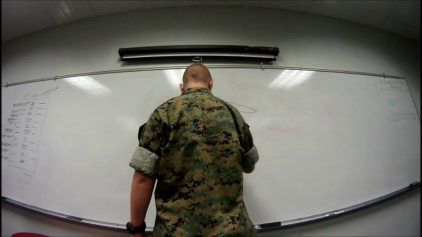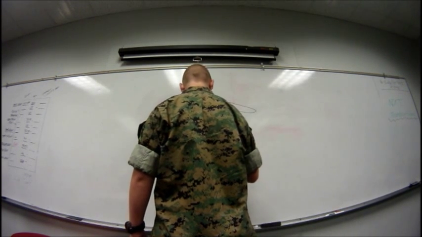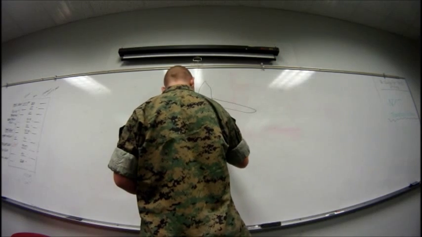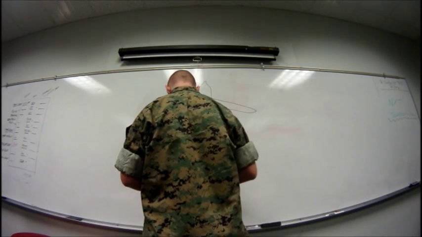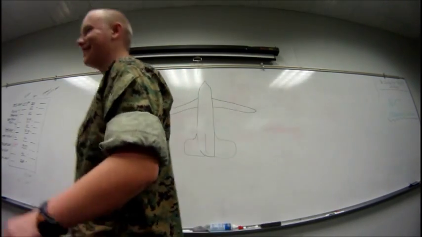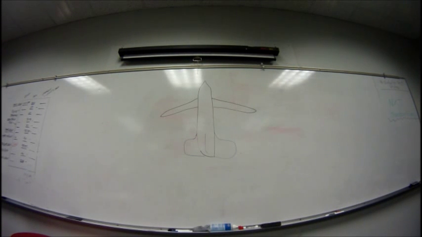Going for an early Blériot model right there. Good deal. So we've got it generally taking shape right now. Everybody's got their own idea of what they want it to be.